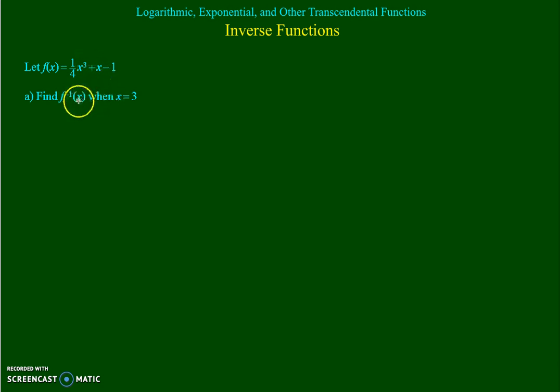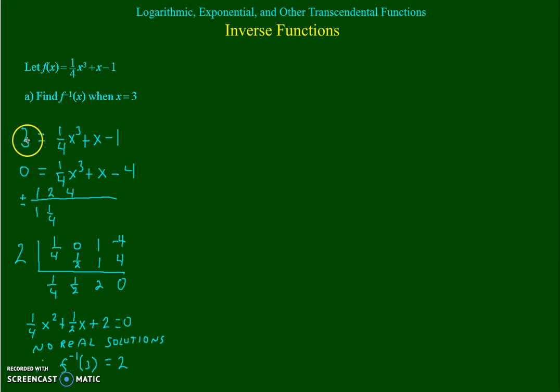So considering that I want to find out what the inverse is at a domain value of 3, I want to consider what the original function is with a range value of 3. So I'm going to set this equal to 3, because the domain of the inverse is the range of the original, and solve from there.